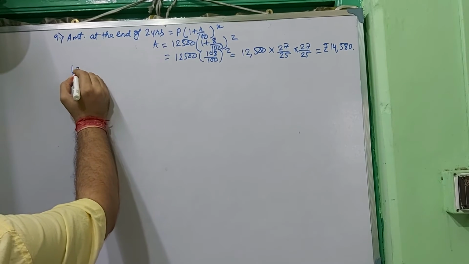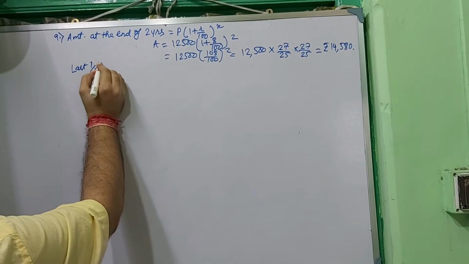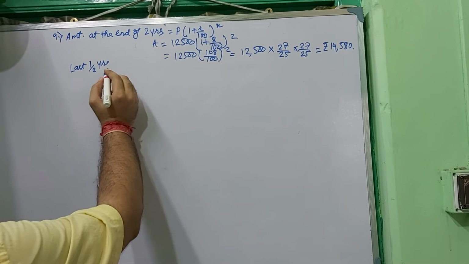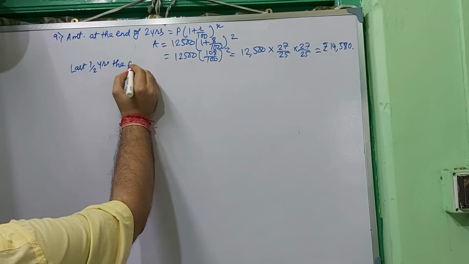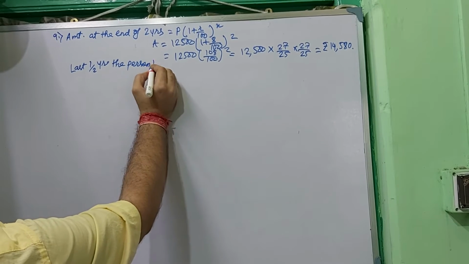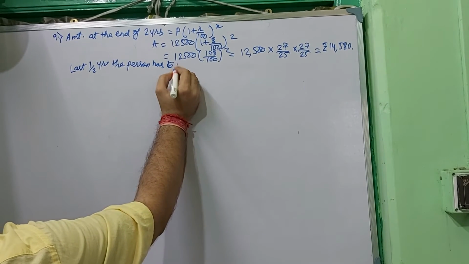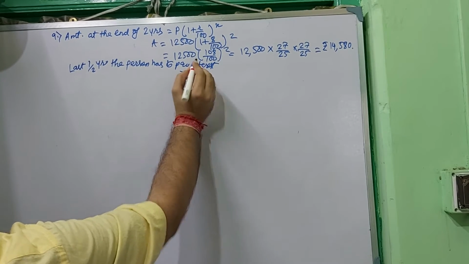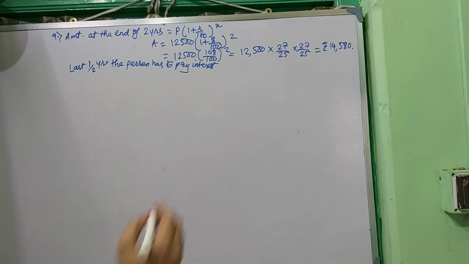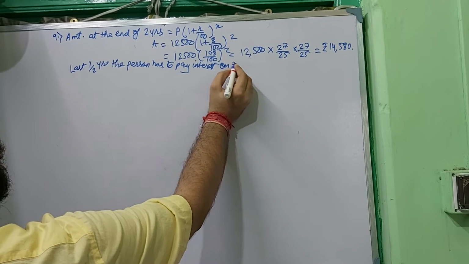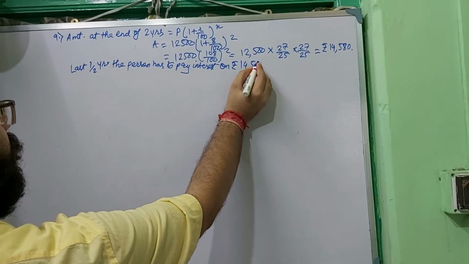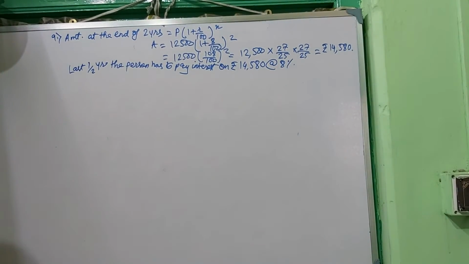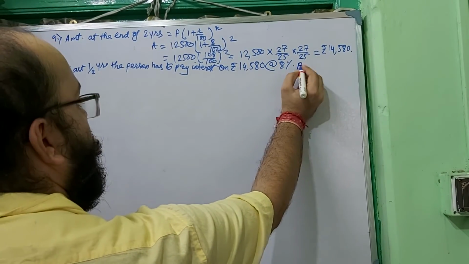For the last half year, the person has to pay interest on rupees 14,580 at the rate of 8%, obviously per annum.